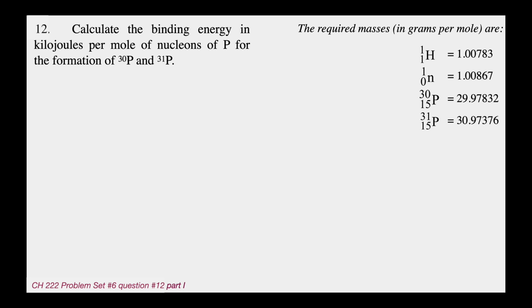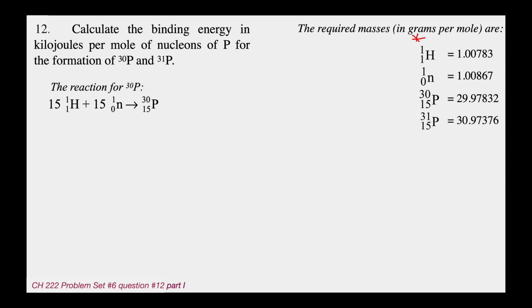Now, in order to do these kinds of problems, you must have some masses, and these numbers are all grams per mole. Here's the mass of a hydrogen atom, there's the mass of a neutron, there's the mass of phosphorus-30, and the mass of phosphorus-31. On this first part, we're going to focus on phosphorus-30.